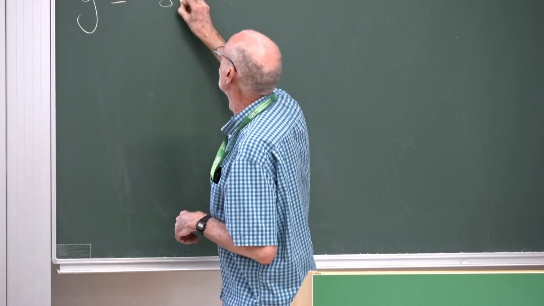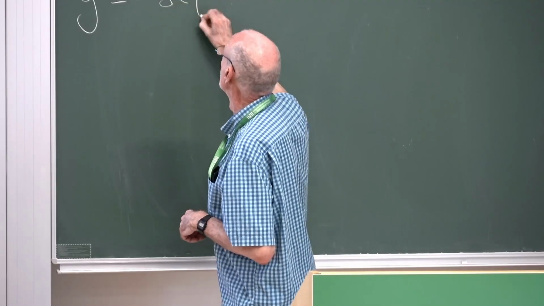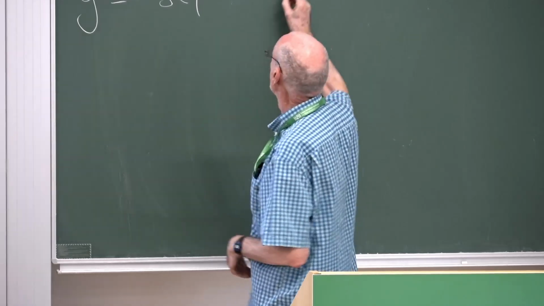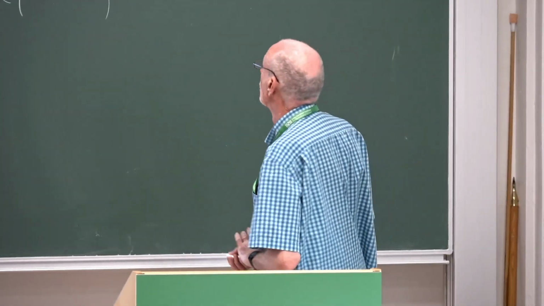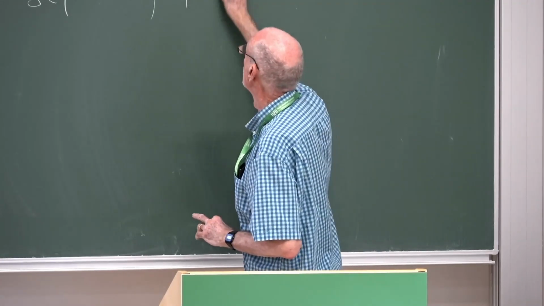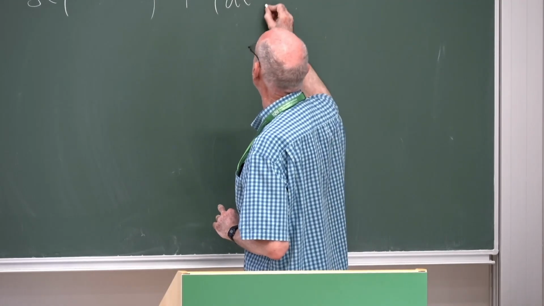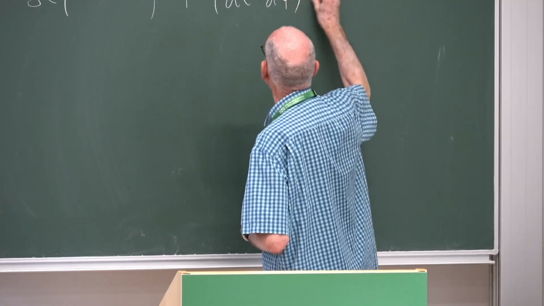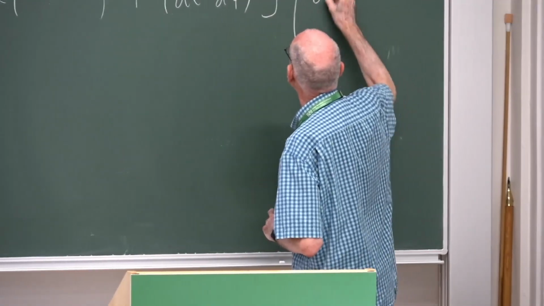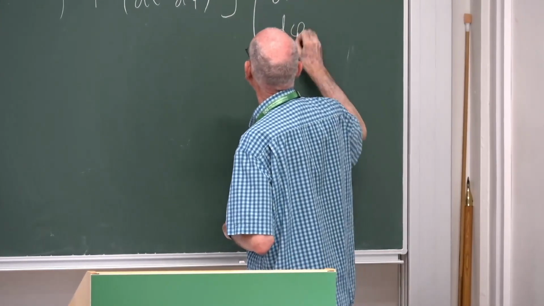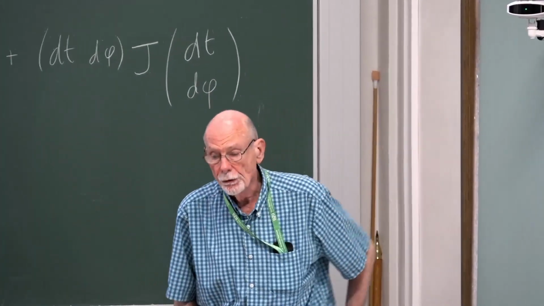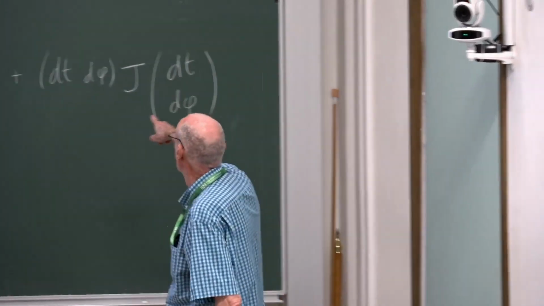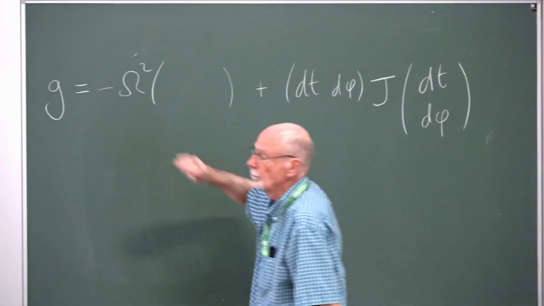So the bit at the beginning is going to be some conformally flat 2-metric, and then the bit at the end. The t is the time translation, the phi is a rotation, so the J is indefinite. That one's indefinite, this one's negative definite.